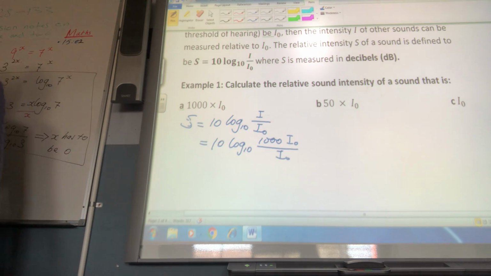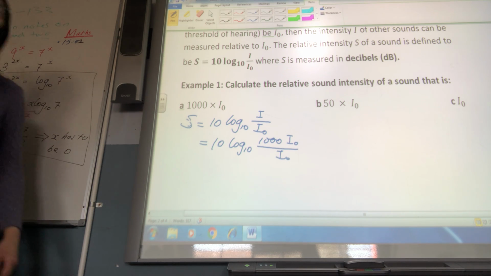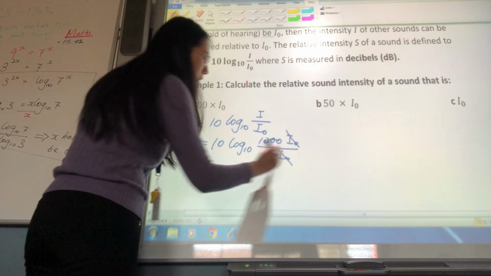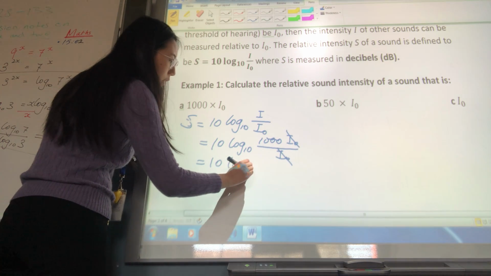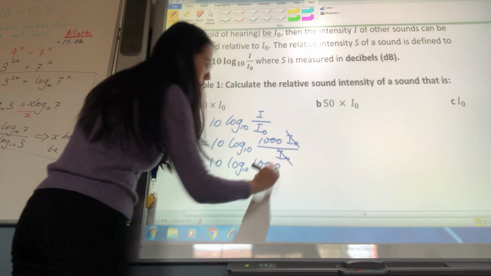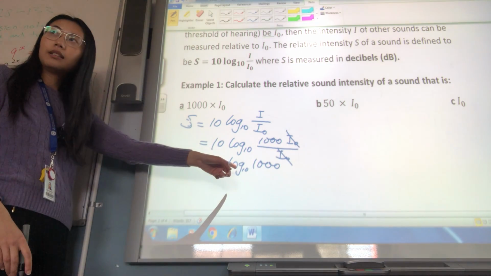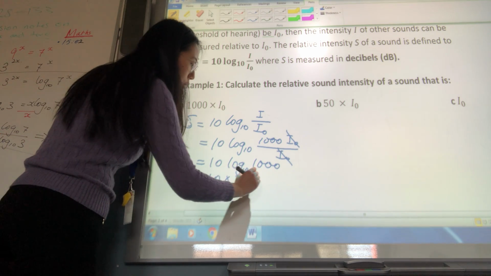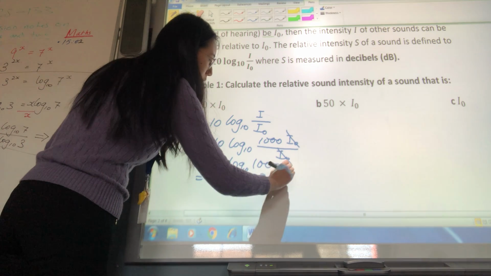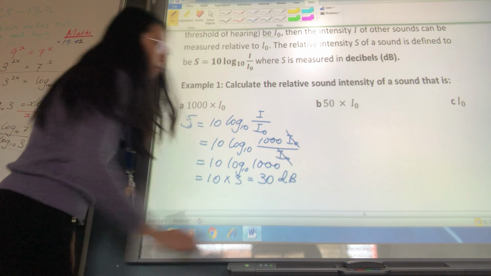And you can see that top and bottom, there's I0. So I can just cancel it out. Once I've cancelled it out, you'll be only left with 10 times log 10 of 1,000. Isn't this just 3? So this will actually simplify to 10 times 3, which is 30 decibels.